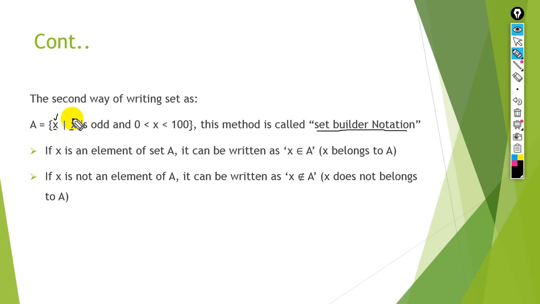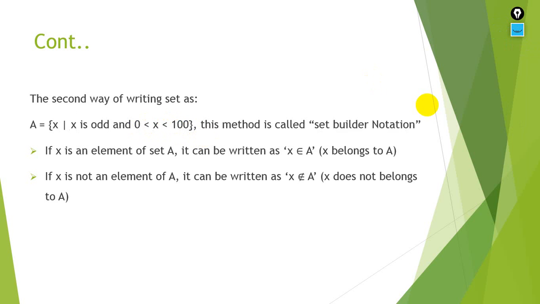Here x means the objects of the set. The condition is that the object of the set should be an odd number between 0 and 100, so the value of x will be greater than 0 and less than 100.